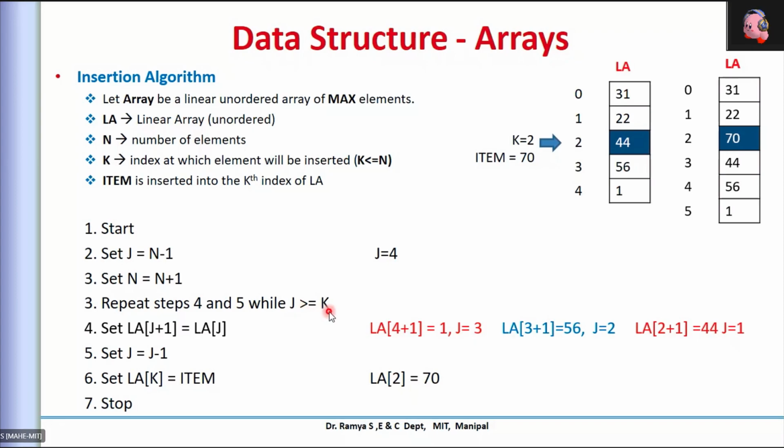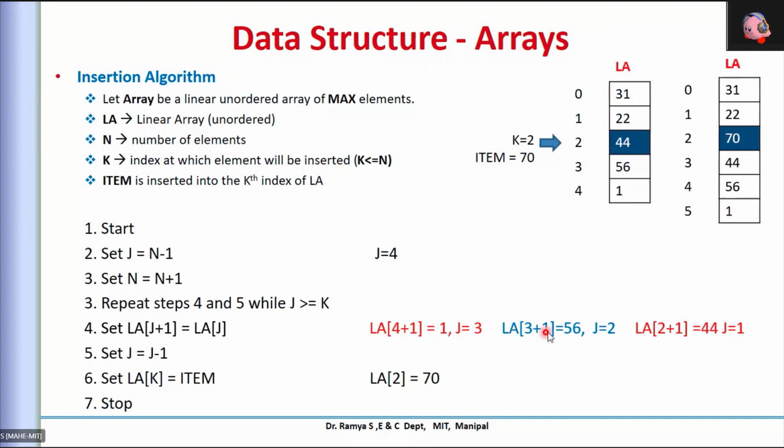K is where you wanted to insert. Now when we run this, in the first iteration your j is going to be 4, as we have already said. So with 4 plus 1, this element is going to shift to this particular position.